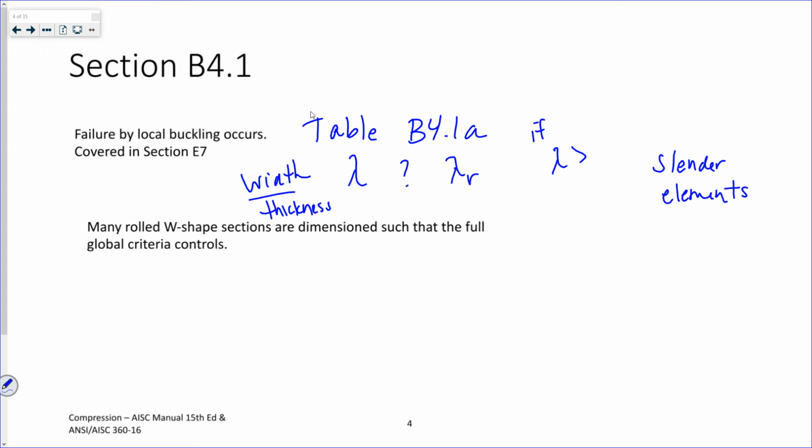Sorry, that's a terrible looking thing. It looks like a witch's broom or something. There you go. All right, that's slender elements. This local buckling is covered in the spec. Those are the design equations accounting for it in Section E7.